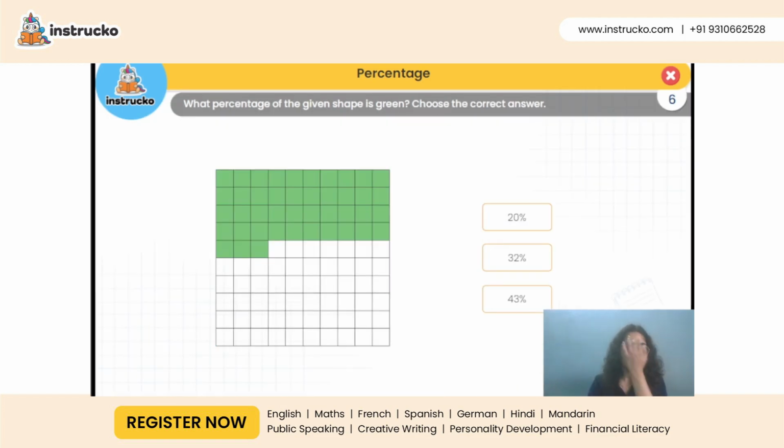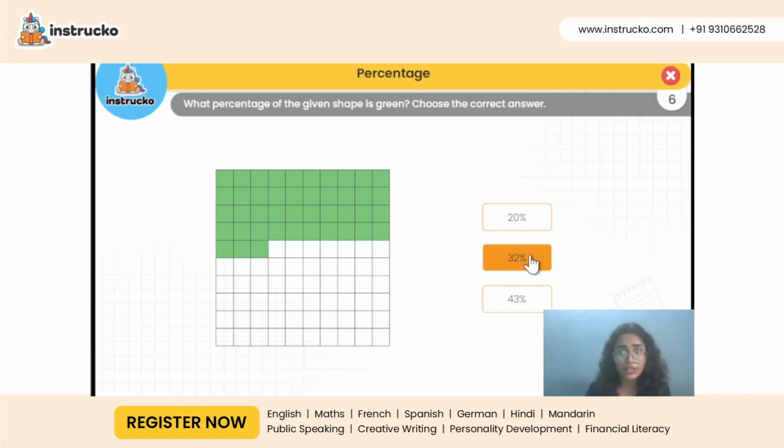Next question. Now, the same question, same way. What percentage of the given shape is green? Choose the correct answer. I would like you to do this one on your own. Take your time. Out of the 100 boxes, count and tell me how many of those are colored green. Take your time. Okay, did we find it to be 43 or 32?